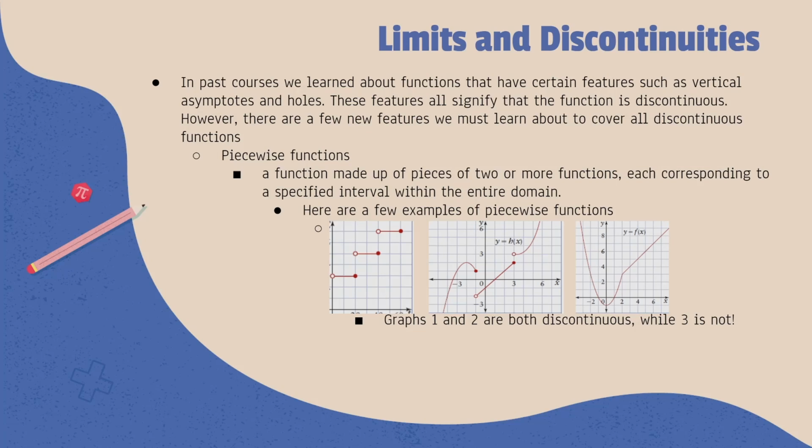That sounds very complicated because you don't know what it is, but essentially it's just when you put one function with another side by side. So for example, I have 3 here. We just took a line, and then we put another line, and then we put another line.